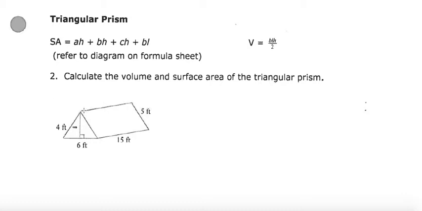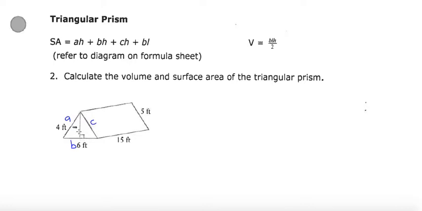These measurements along the side of your triangle are going to be A. Your B is always going to be the base of your triangle, and then C. So A, B, and C.